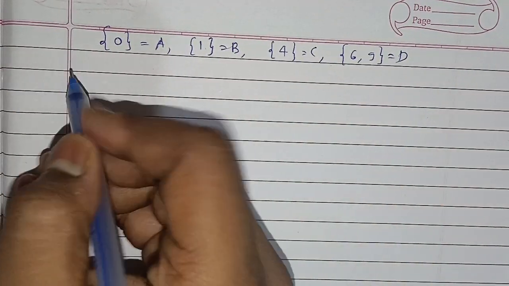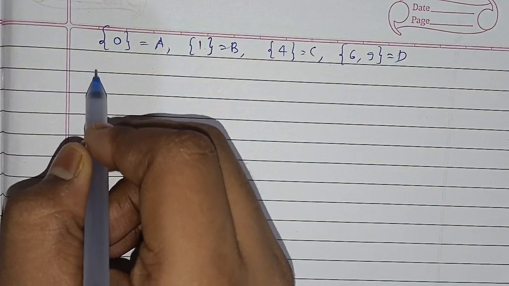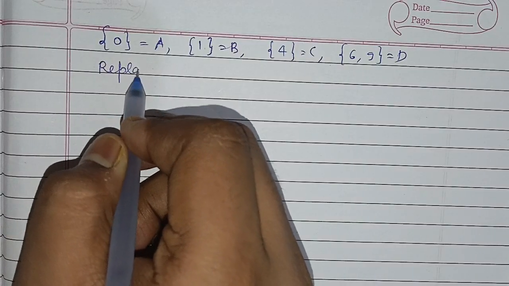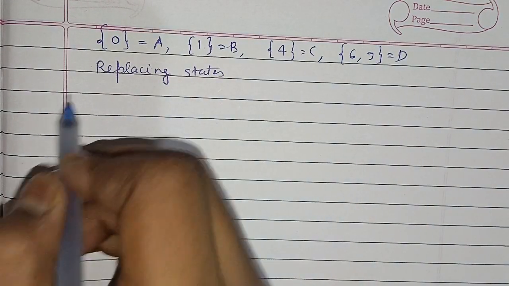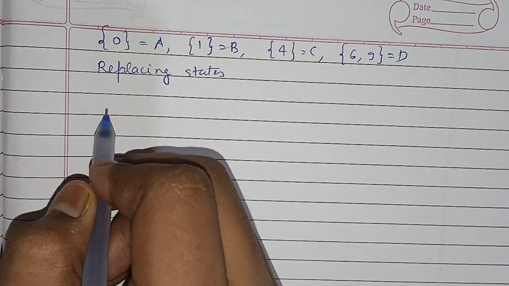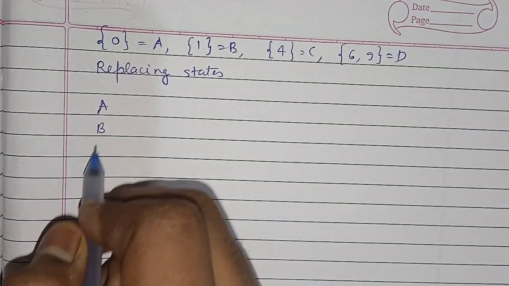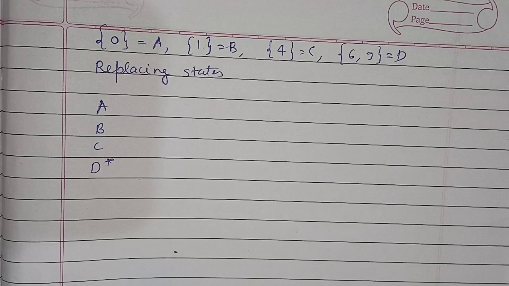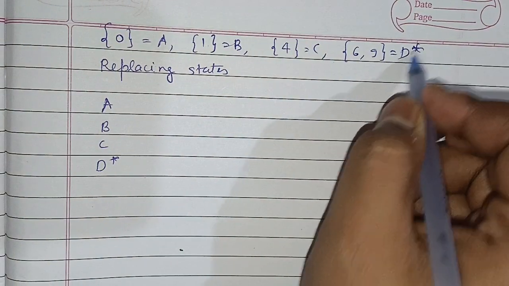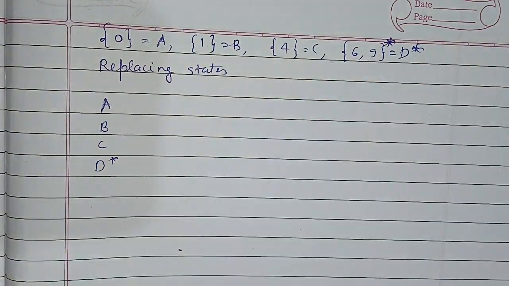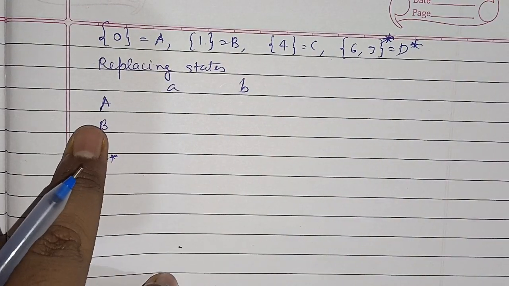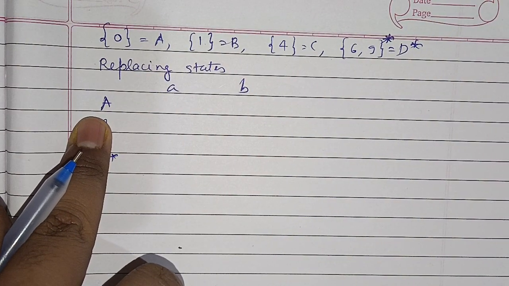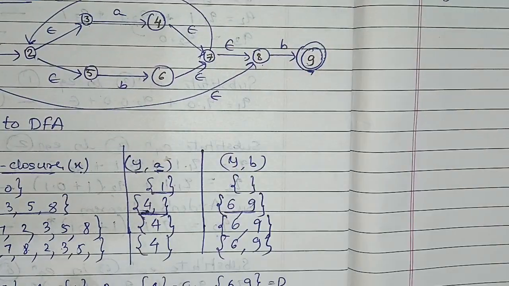So according to the table, we will write, replacing these states. Okay, so A, B, C, and D will be star because it is a final state. For A, what we got? 1.